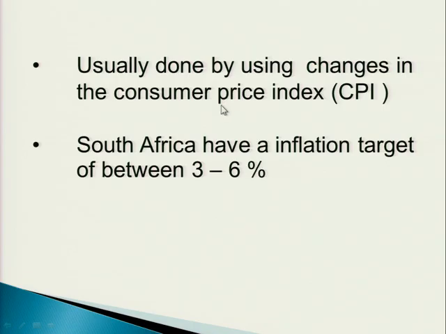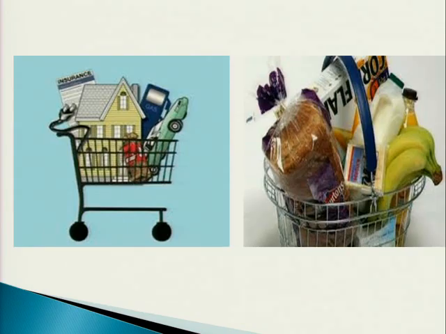Now, let's go back there. As I said, it's the consumer price index. What are they doing? They are calculating the increase of the prices of the products that are in the basket of a consumer. And South Africa has an inflation target of 3 to 6%, as I just said to you. Now, if they calculate it, they are going to calculate bread, fruit, vegetables, other food, cars, everything that we spend money on a monthly basis.